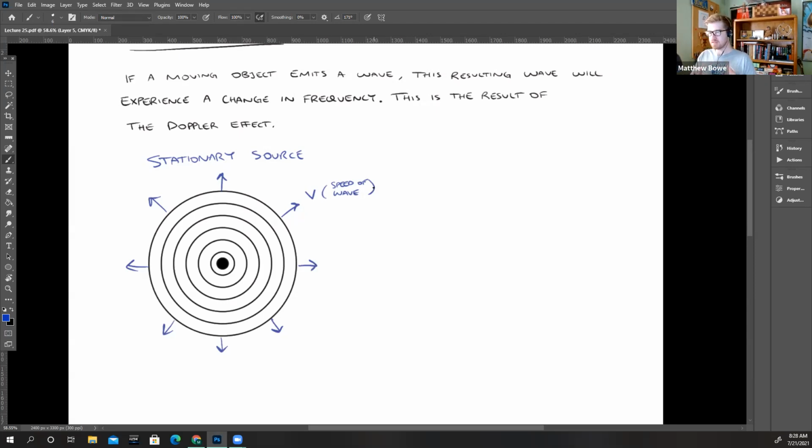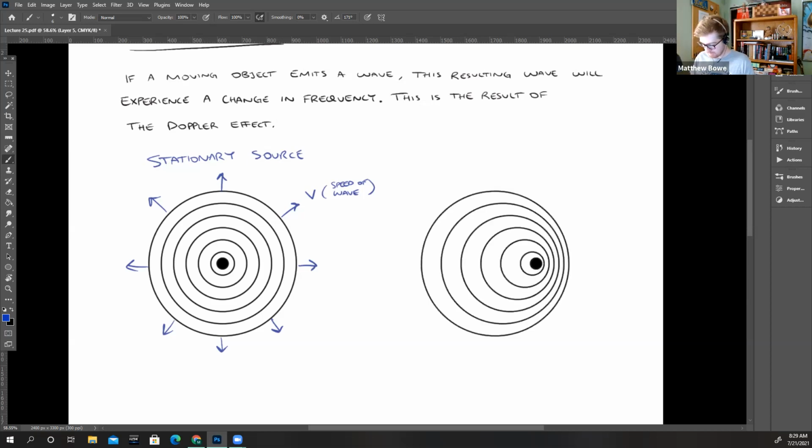So it's still emitting these sound waves, but the car itself is moving with the sound waves, maybe in one specific direction. Let's go and show this one.